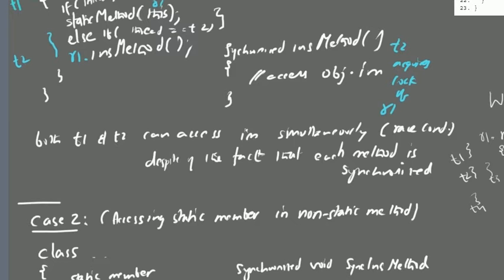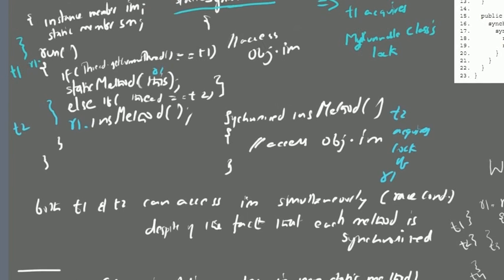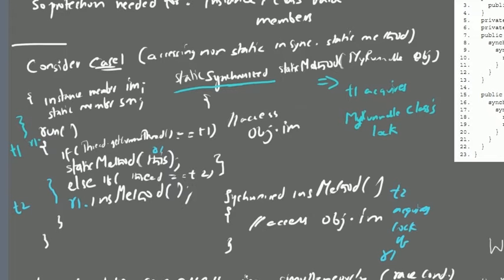So you have a static synchronized method which is trying to access an instance member, and you have a synchronized instance method which is trying to access an instance member. So in that case, you would mess up things.